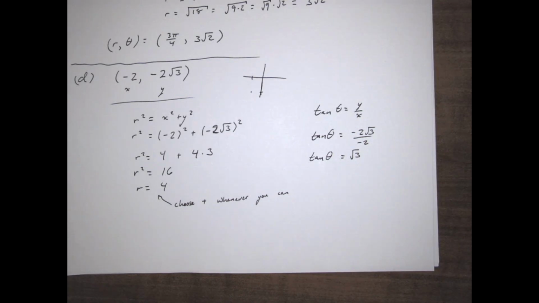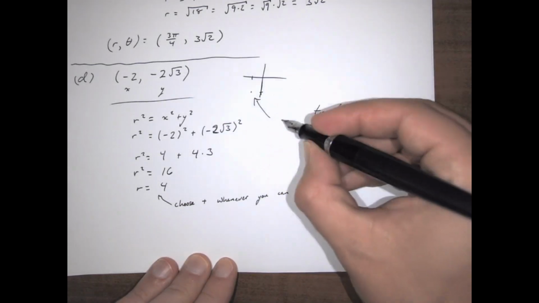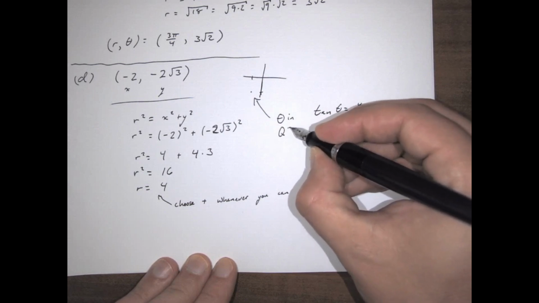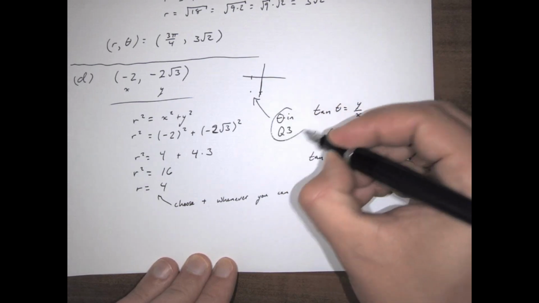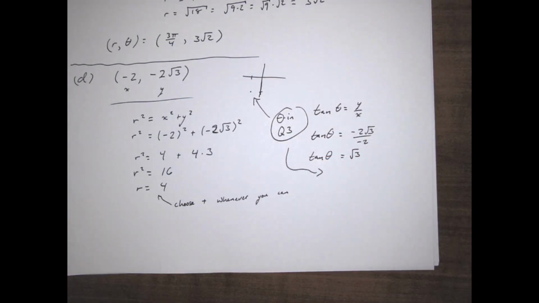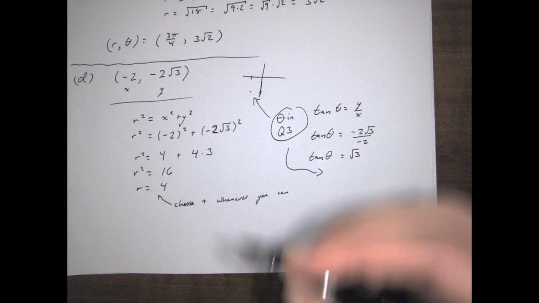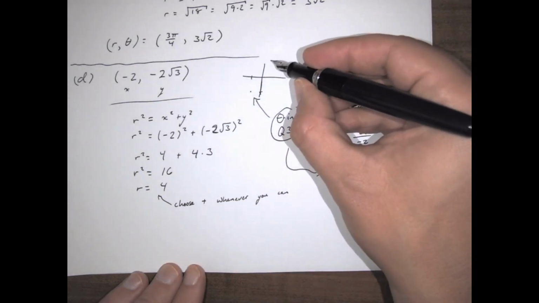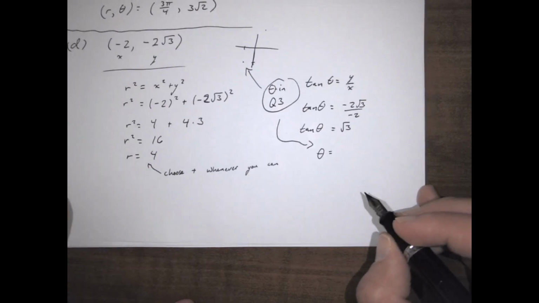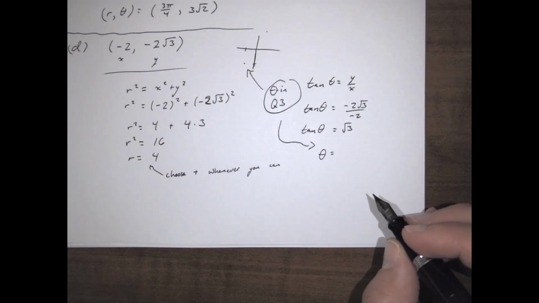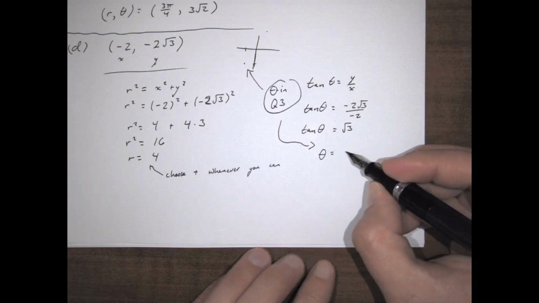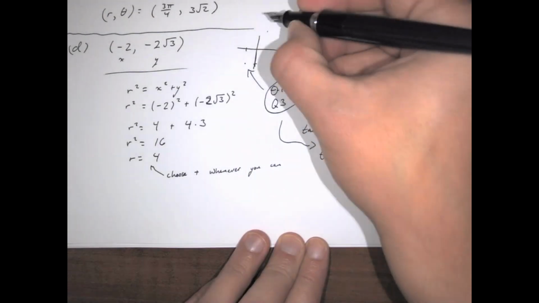But this is in quadrant 3. So theta is in quadrant 3, which means that what we thought was going to be our answer is not going to be the right one, and we would want actually the other one. So this theta is equal to, if we were to do the inverse tangent here, we would end up with the positive version, and we would just have to adjust it.